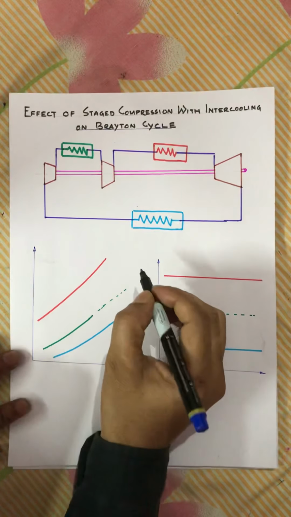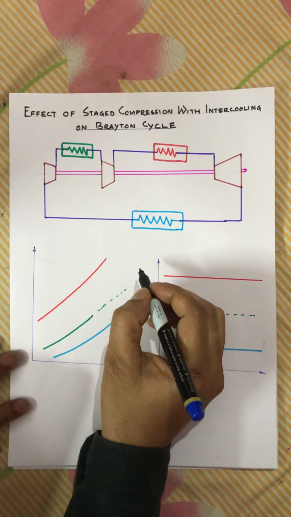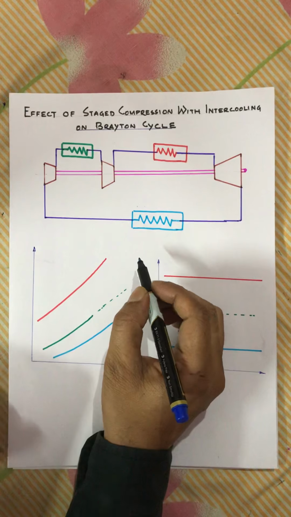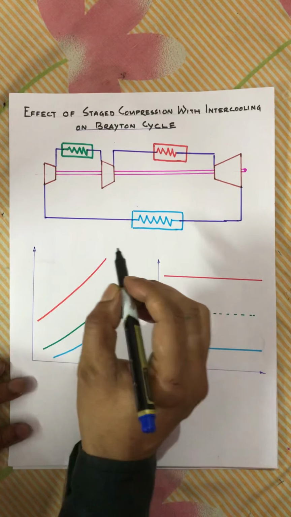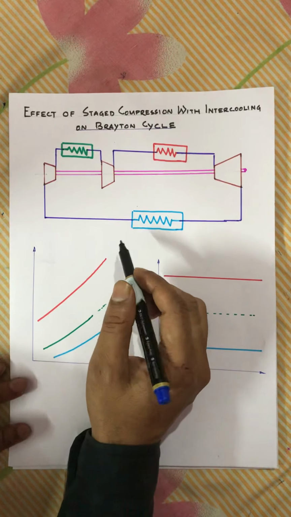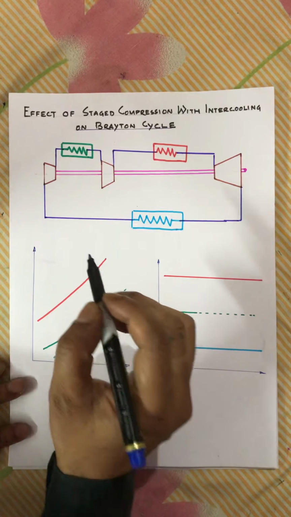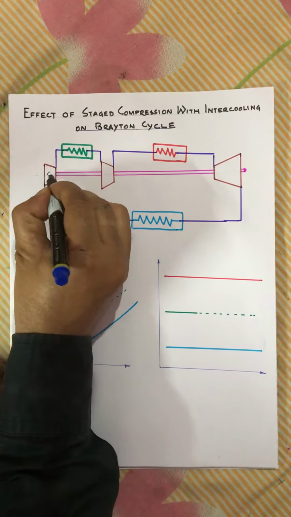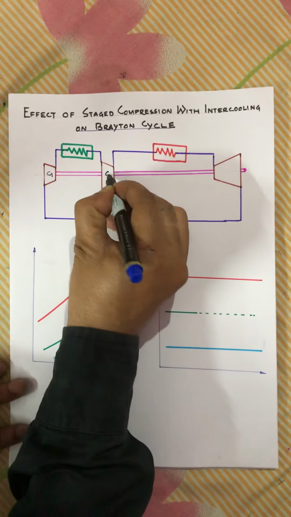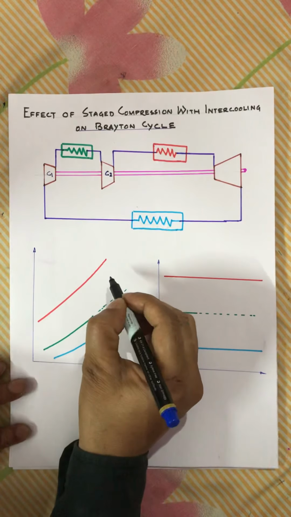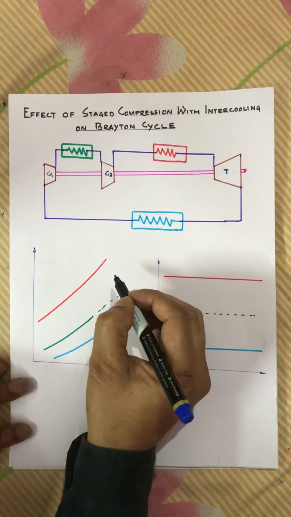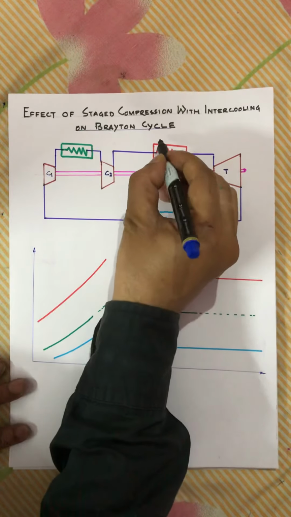Effect of the stage compression with intercooling on the Brayton cycle. In this type of cycle, basic elements are two compressors, that means C1 and C2, one turbine T, one combustion chamber.